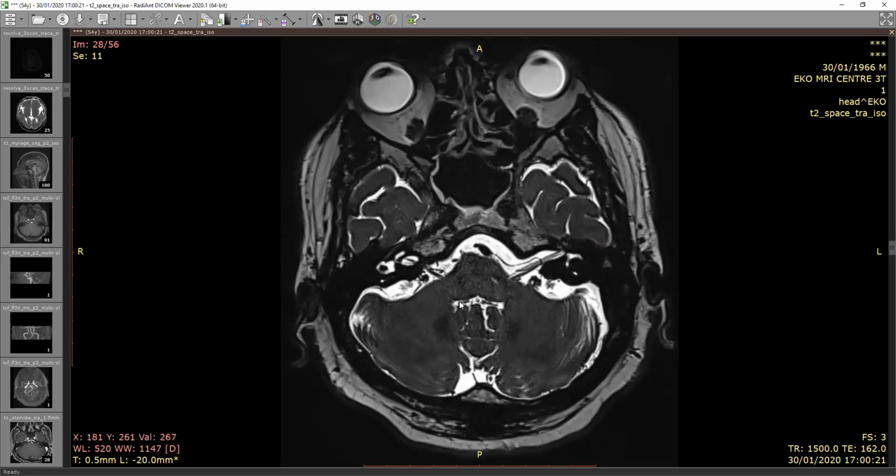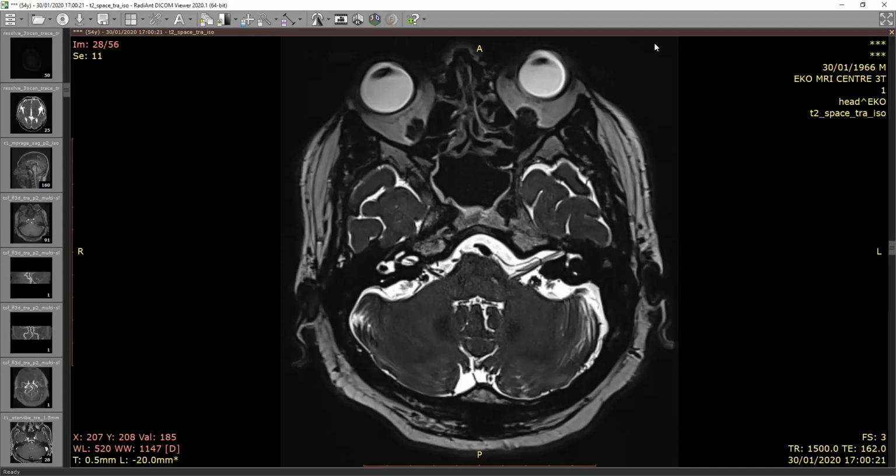But now if we look at this particular image, we can see that same basilar artery, the same artery which is actually the loop of ICA, arising from the basilar artery, taking a hairpin bend loop within the internal auditory canal and coming in close proximity to the 7th, 8th nerve here within the canal, and also at the root entry zone. So if you are at the station and you find something like this, the probability is that it is either a CISS sequence or it can be a FIESTA sequence.